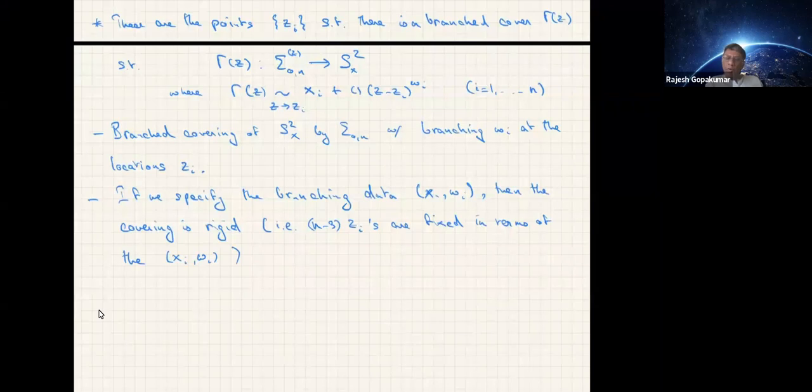So that's what I meant by saying over here that these are the points which admit this branch covering. So supposing I tell you this data of x_i and w_i, and that there is a branch covering of the sphere by the sphere, where these n are the only branch points, then it's not very difficult to argue this, and I can tell you later if you ask me after the lecture. I can tell you very briefly why that's true, but it's basically because this gamma of z is in this case some ratio of polynomials of degree n, with n given by the so-called Riemann-Hurwitz formula.